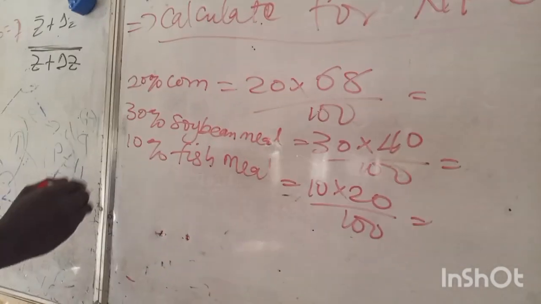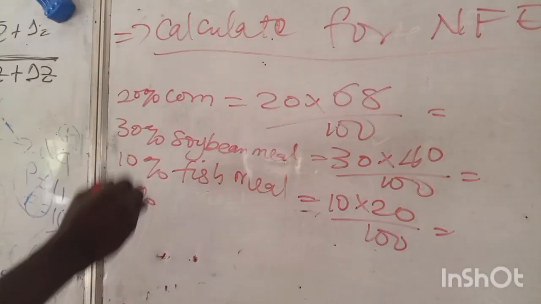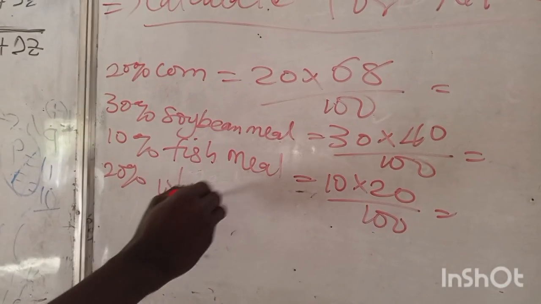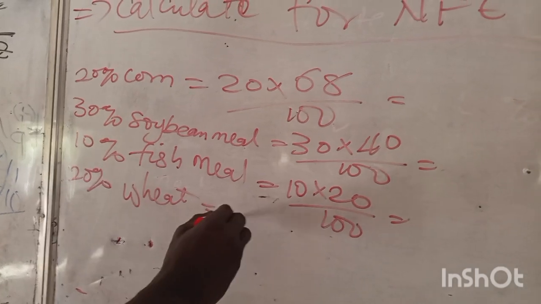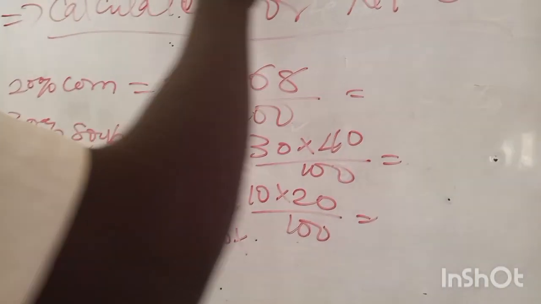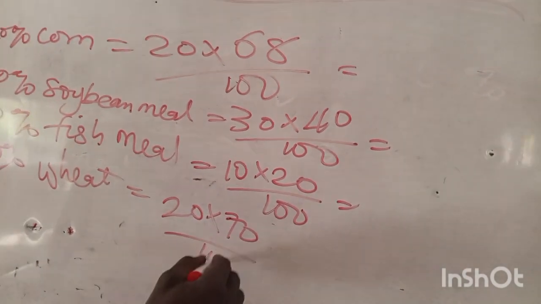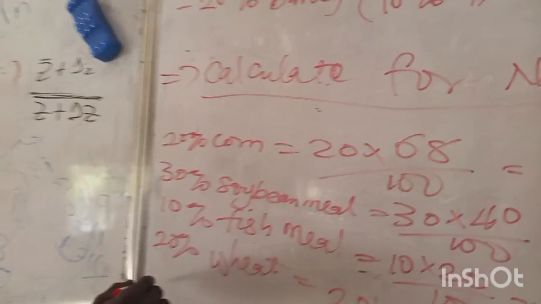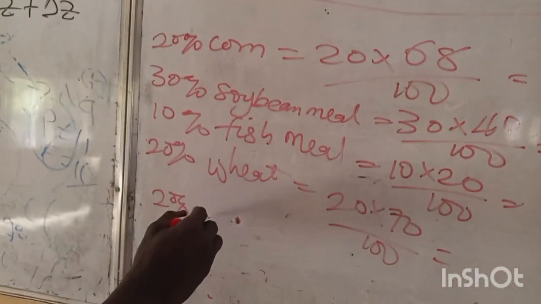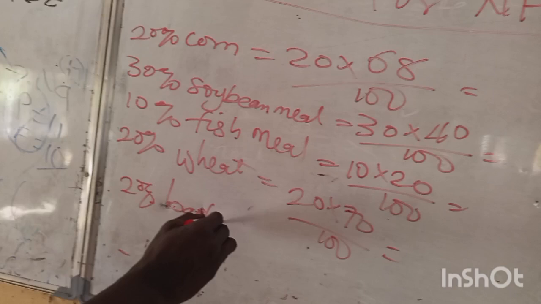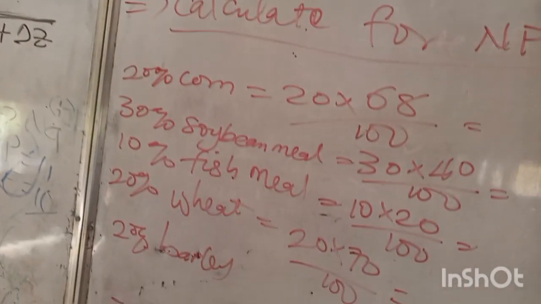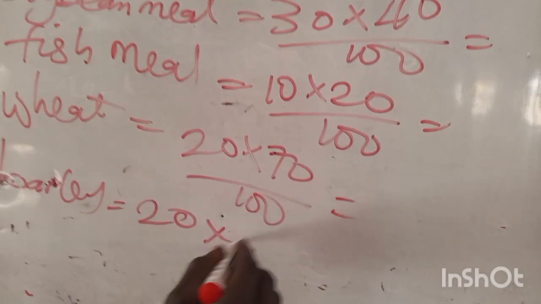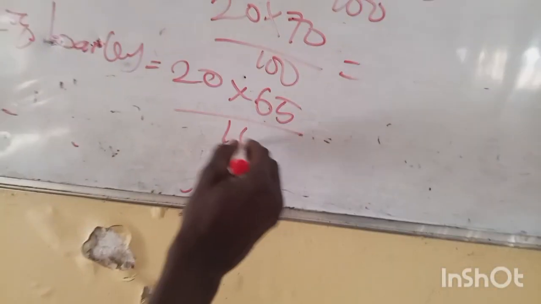Then we come back to 20% wheat to be equal to what? 20 times our wheat here is 70 for NFE. 70 over 100. Then finally, we have barley, 20% of barley, and our NFE is 65, so we have 20 times 65 divided by 100.